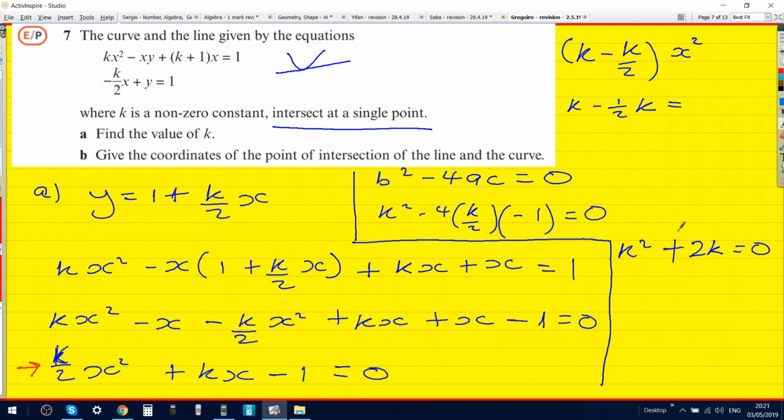Bingo. So I get 0 and minus 2. So which is it? It's a non-zero constant, so it would be minus 2. That's it.